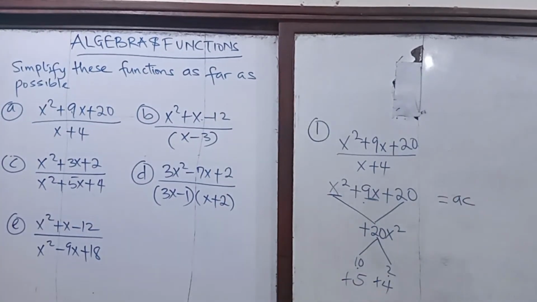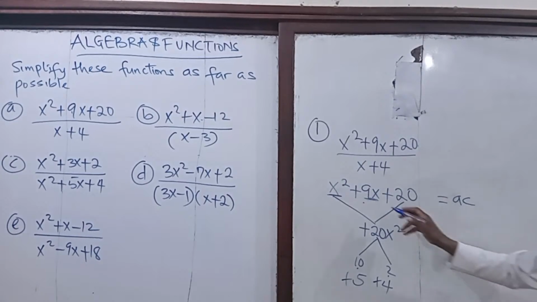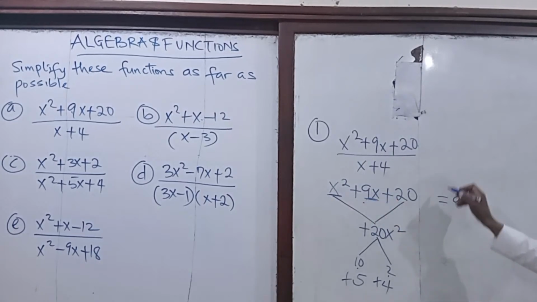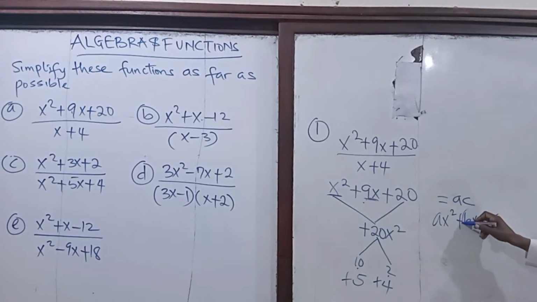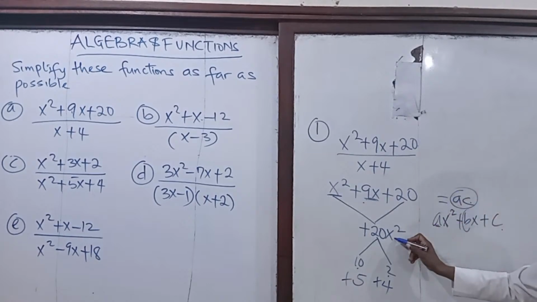Then, if you remember, your quadratic equation is of this form, ax squared plus bx plus c. I mentioned AC: it is the coefficient of x squared, which is a, times the constant, and that's the first thing I did to get the 20x squared.